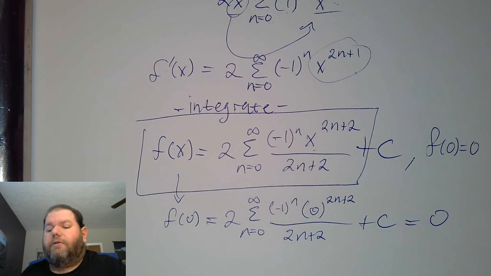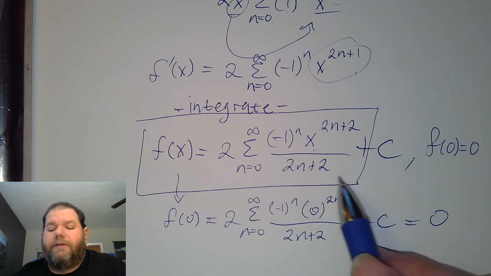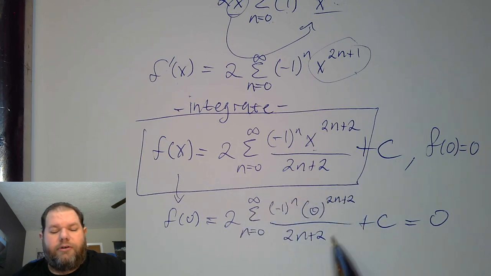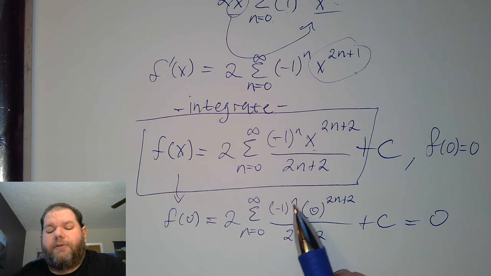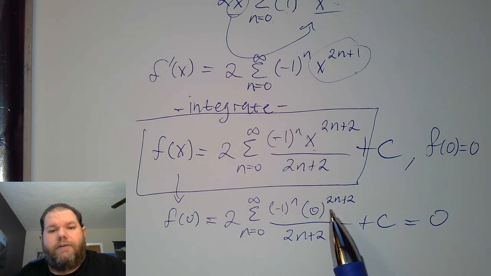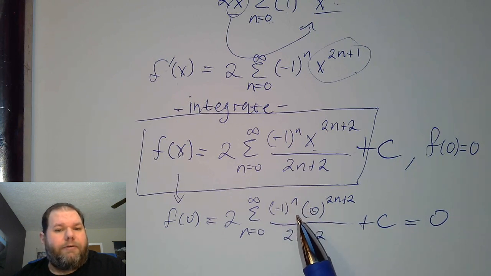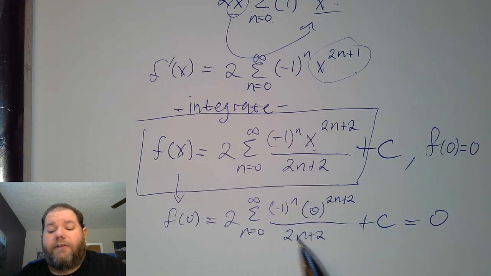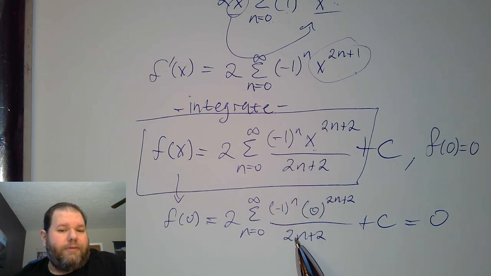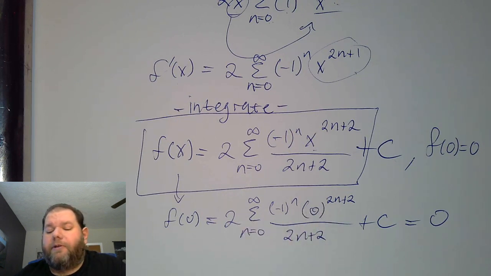Well, ultimately, this 0 being here zeroes out the entire summation. Because whatever happens with this term, whatever happens with these, 0 raised to a power is 0, 0 times anything else is 0, and 0 divided by anything else is 0. That x being 0 just zeroes out the entire summation. So we're just adding up a bunch of zeros, which is 0. It doesn't matter if we multiply by 2 either, because it's still 2 times 0.